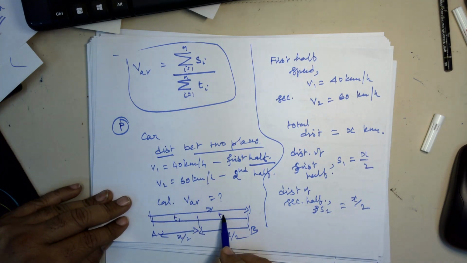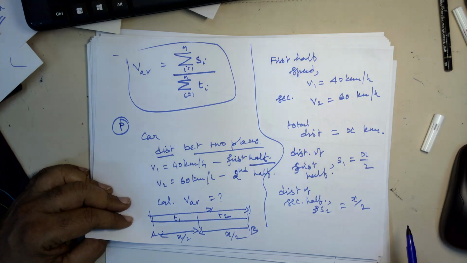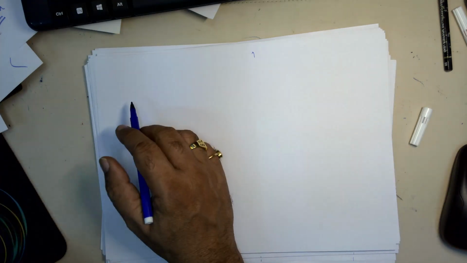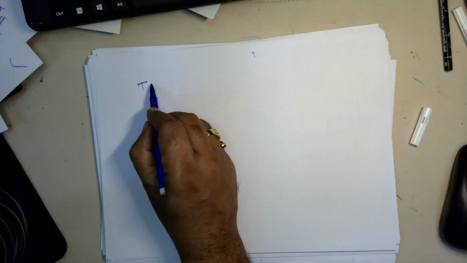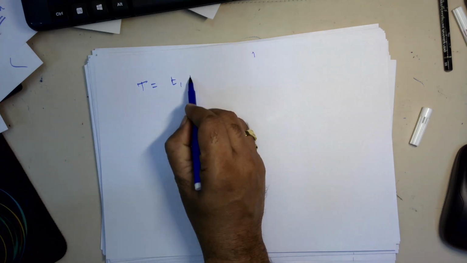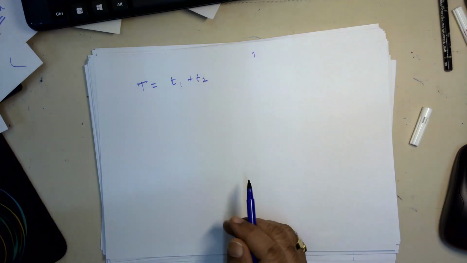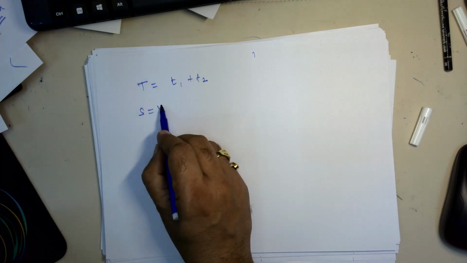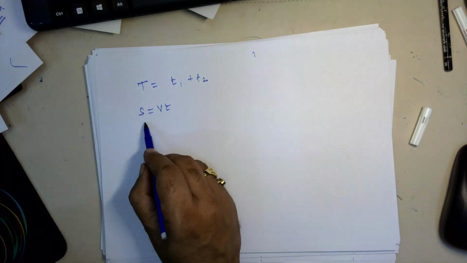Okay. Now, what is the time taken? This is T1, this is T2, right? Okay. Now, let us consider the total time taken. Take down the total time taken. T is equal to T1 plus T2, right? And we already know S is equal to what is the formula? V t. And what is T?